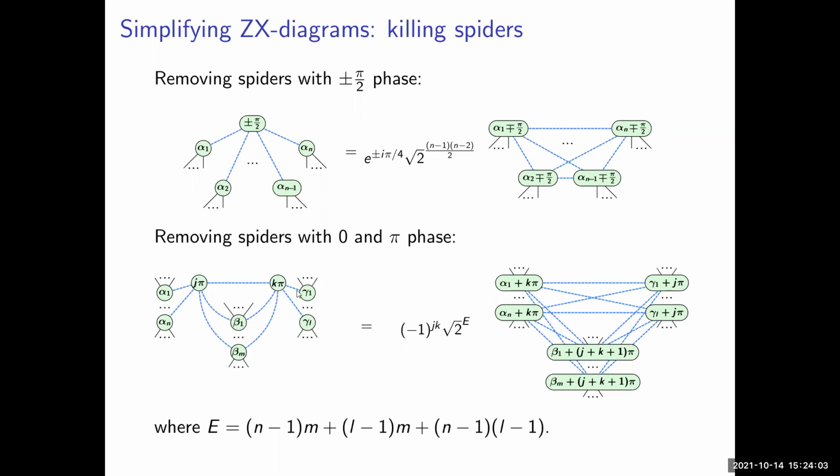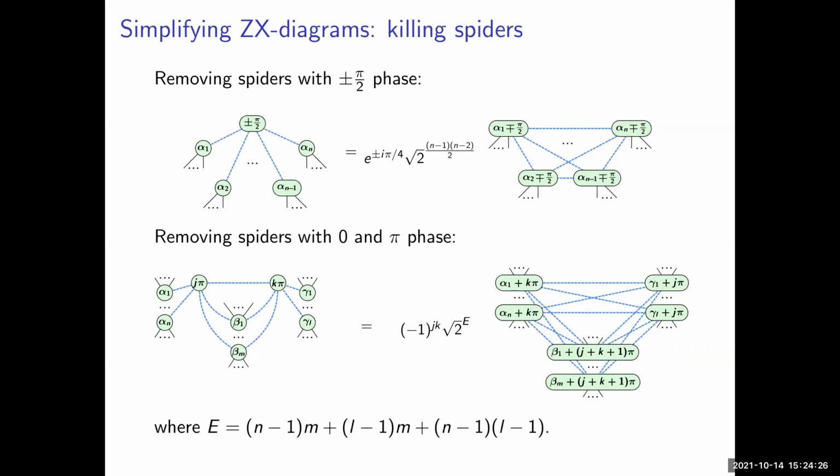So if you think about this a bit, we have removed all spiders with a pi/2 and minus pi/2 phase. And then for the spiders with a 0 or pi phase, as long as they are connected to at least one spider with a 0 or pi phase, we can also remove them. So the only spiders left with a 0 or pi phase are those that have no neighbors. And if they have no neighbors, then it's just a scalar and we can sort of ignore it.